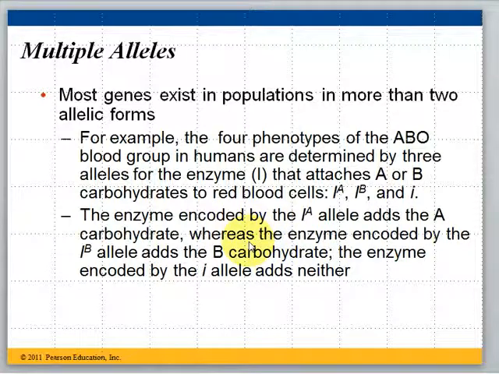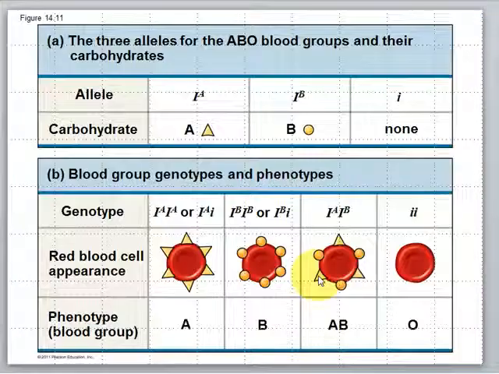The enzyme encoded by the IB allele adds the B carbohydrate, and the enzyme encoded by the lowercase i adds neither one of them. So here are your 3 possible alleles. The IA adds the A carbohydrate, the IB adds the B carbohydrate, and the lowercase i, the recessive, doesn't add either one of those carbohydrates.